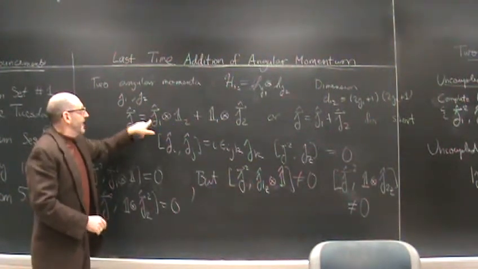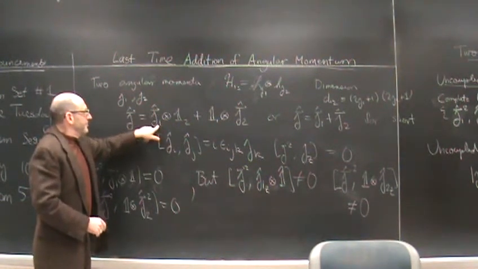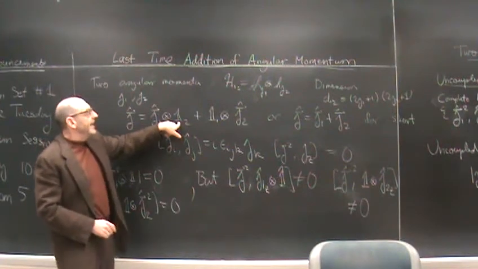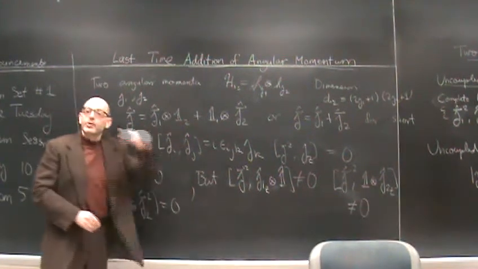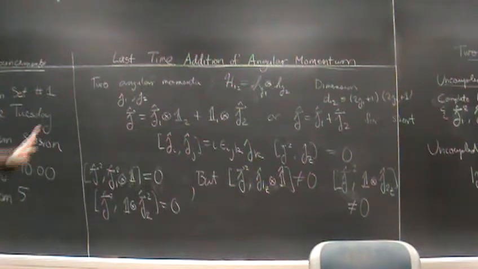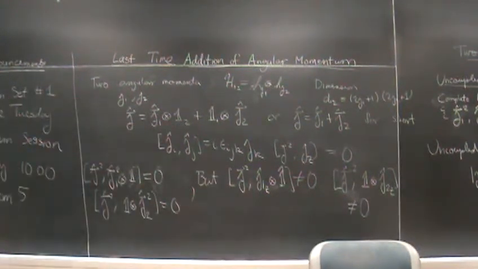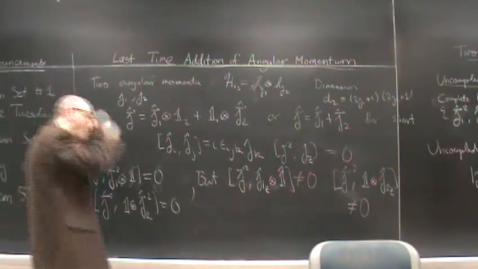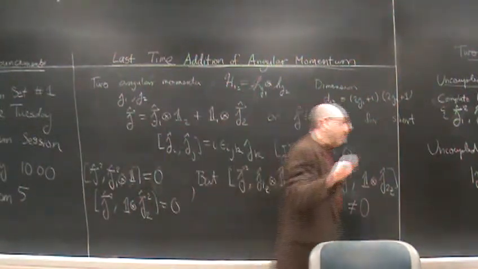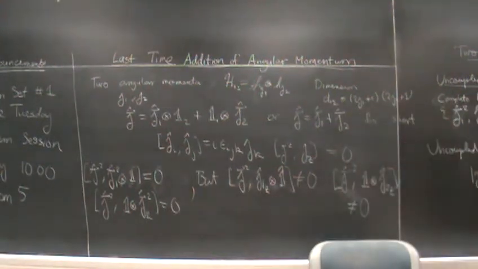It's angular momentum on subsystem 1 and the identity operator on subsystem 2, etc. But we often don't write that out unless we want to emphasize something about the tensor product. We just have to keep in mind that operators on subsystem 1 all commute with operators that act on subsystem 2. Okay?